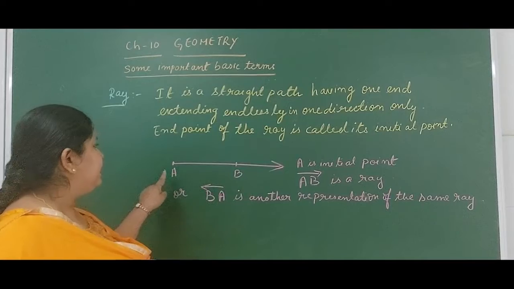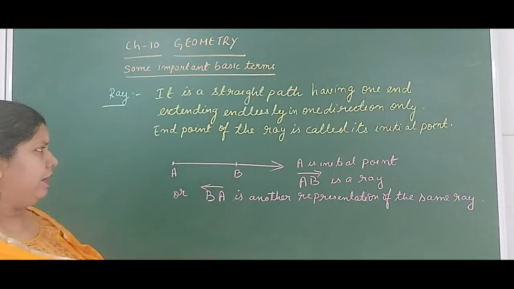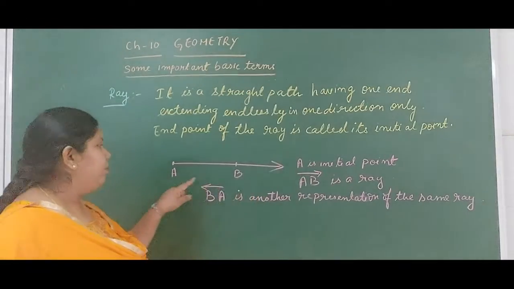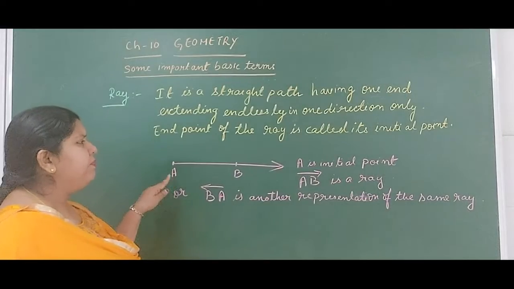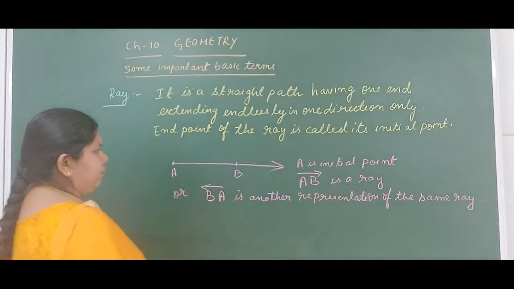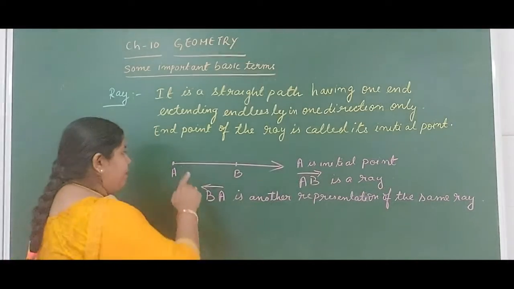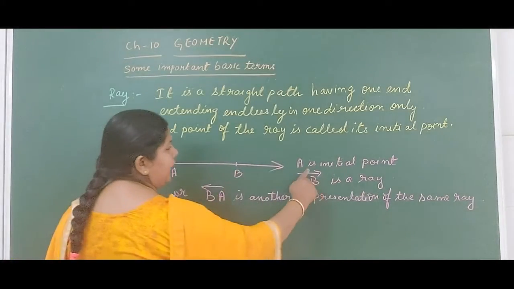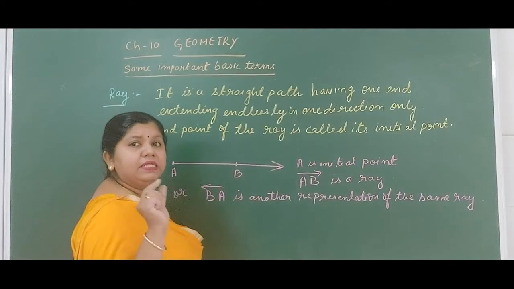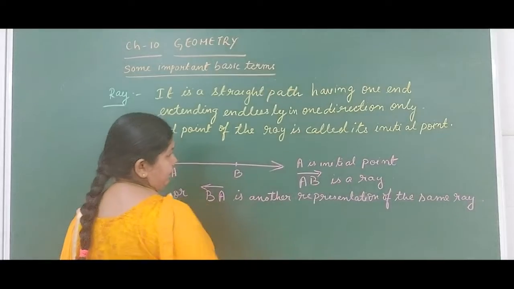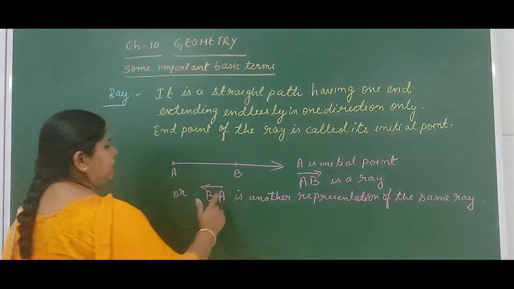AB here starts from A and extends infinitely in one direction. When I put two points A and B over here, A is the initial point, and therefore we write AB and the direction is from A towards B. So only one arrow is given, not a double-headed arrow but a single-headed arrow, to represent it. Now we can also represent the same ray in another form.